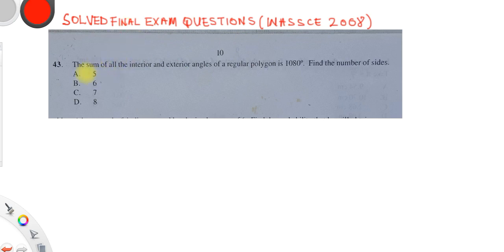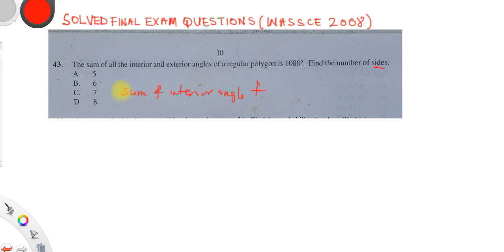As usual, we are told that the sum of all the interior and the exterior angles of a regular polygon is this. Find the number of sides. So we say the sum of interior angles plus the exterior angles. Sum means addition.